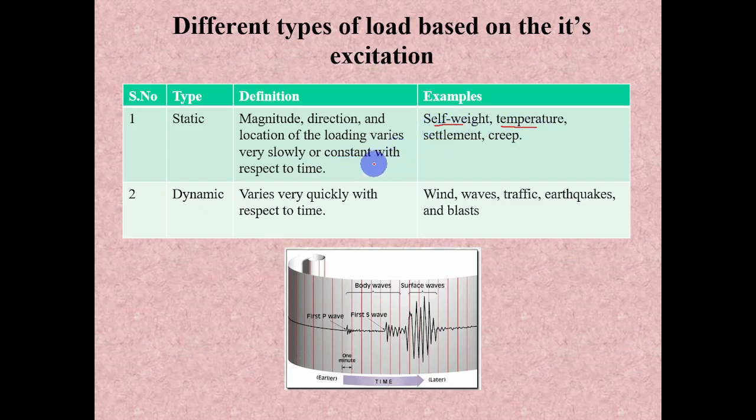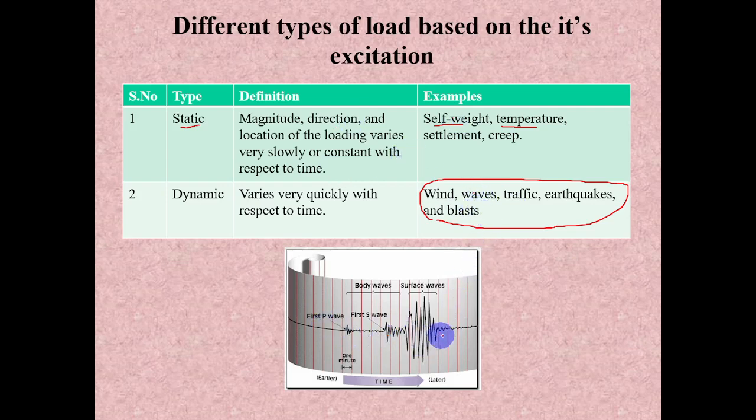That load we can call a static load. Similarly, if the load varies very quickly with respect to time, then we can call it a dynamic load. Examples of dynamic load are wind load, wave, traffic load, earthquake, and blast. There are many other loadings in both categories; these are just examples.